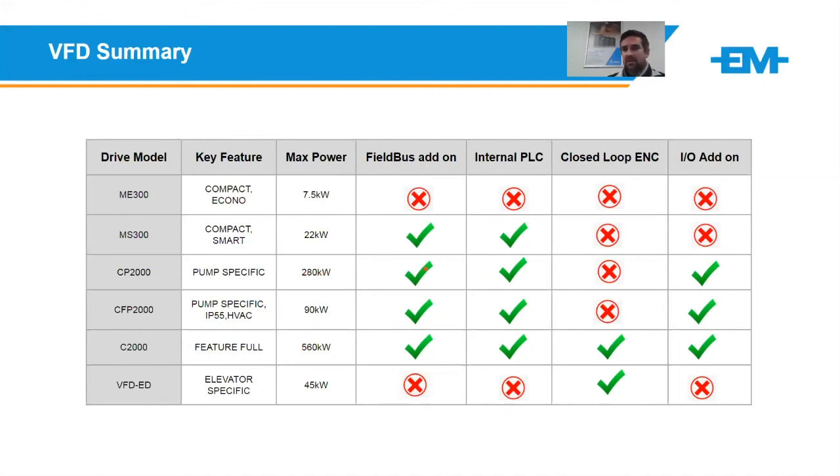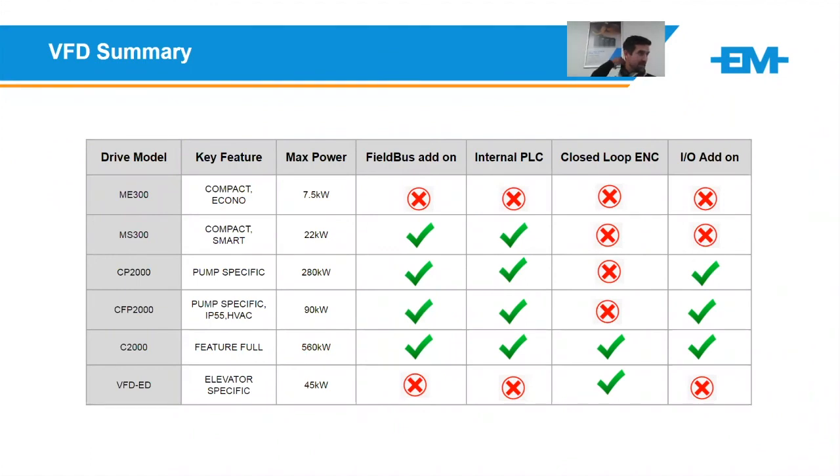Add-on field bus, very large internal PLC, no closed loop because we don't need closed loop for a pump application, and a host of add-on analog or digital I/O. The CFP is much the same, except the max is 90 kilowatt. And again, no closed loop control because you don't need that on a pump.